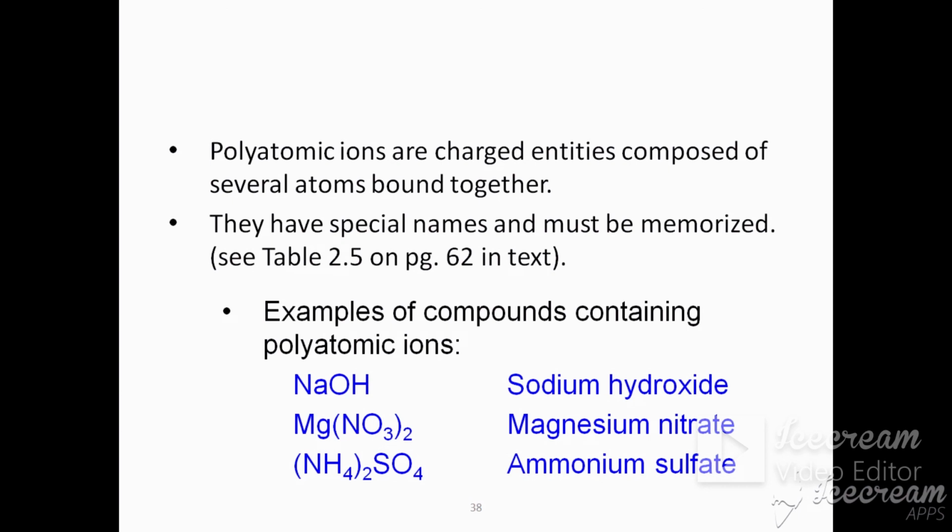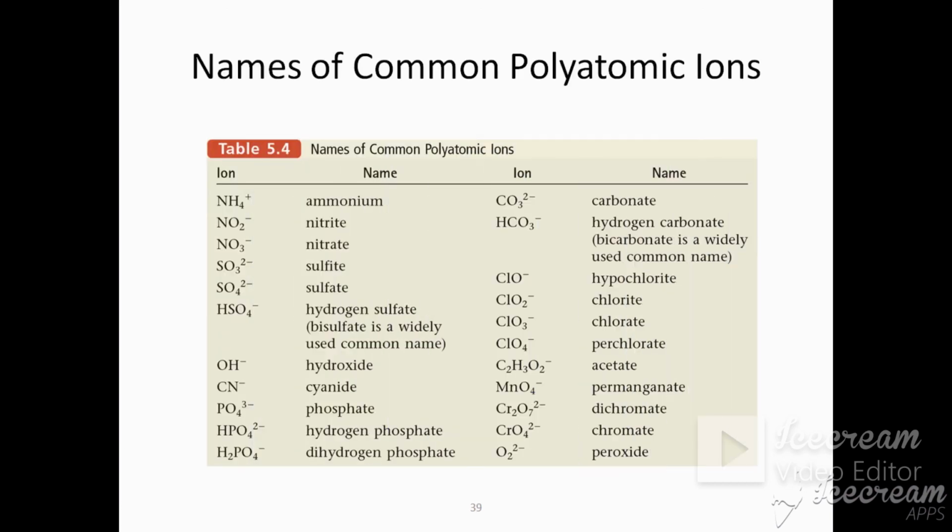Examples of compounds containing polyatomic ions: NaOH, sodium hydroxide; Mg(NO3)2, magnesium nitrate; (NH4)2SO4, ammonium sulfate.